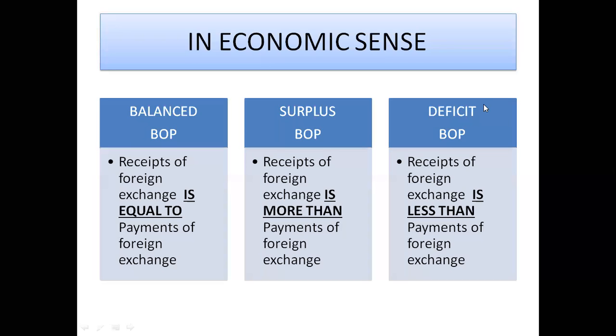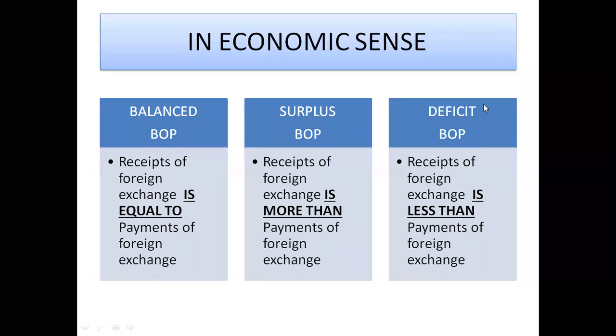And what will be the surplus BOP? Surplus BOP will refer to where the receipt of foreign exchange is more than the payment of foreign exchange, which means the credit items of BOP are more than the debit items of BOP. That will be the surplus BOP. And what about the deficit BOP? Deficit BOP क्या होगा?